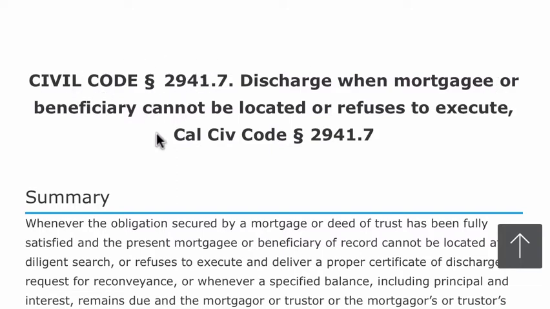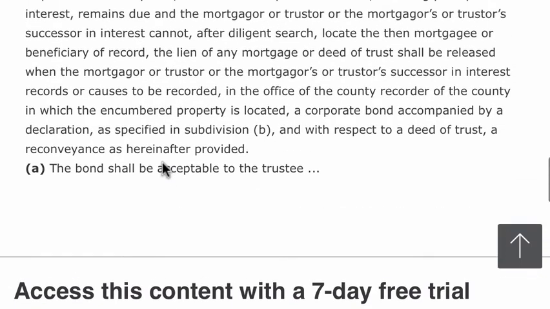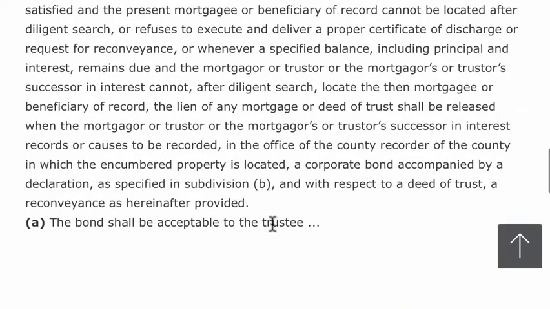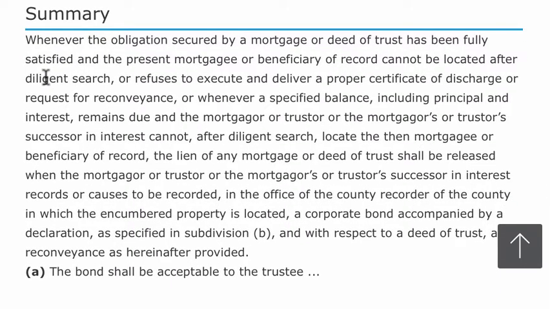That's all I was getting to. Section B pretty much occurs. Here it is. The bond shall be acceptable to the trustee. Okay, here we go. Here's the summary of it. This is perfect.